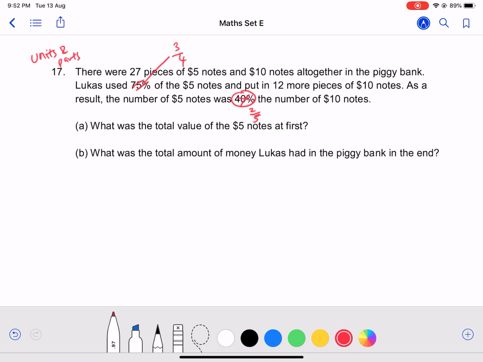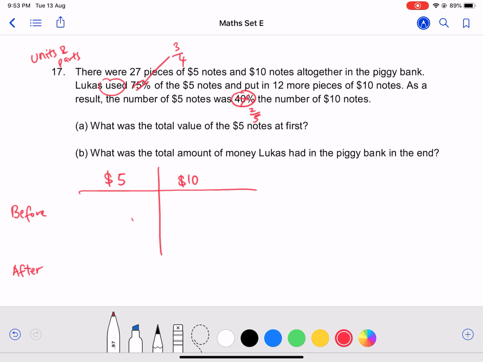Alright, so let's start. We have got two types of notes, the $5 notes as well as the $10 notes. Since I have something called use, it seems that I have a before and I may have an after. So let's find out first.